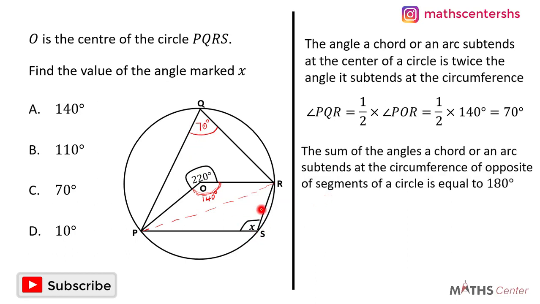Another theorem of a circle says that the sum of the angles a chord or an arc subtends at the circumference of opposite segments of a circle is equal to 180 degrees.